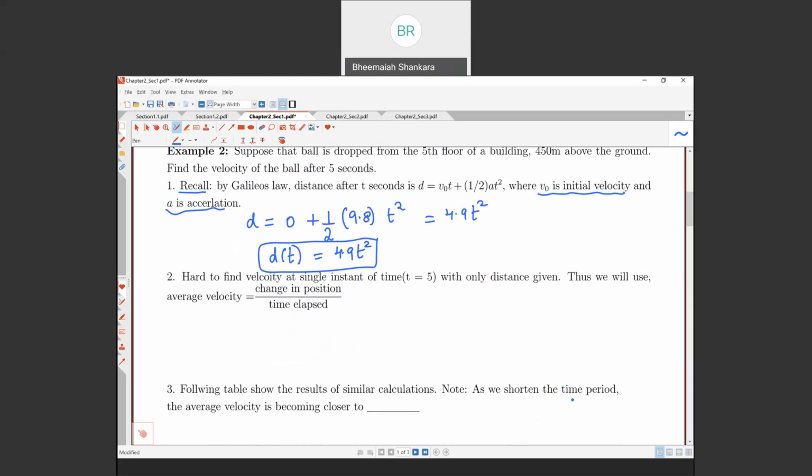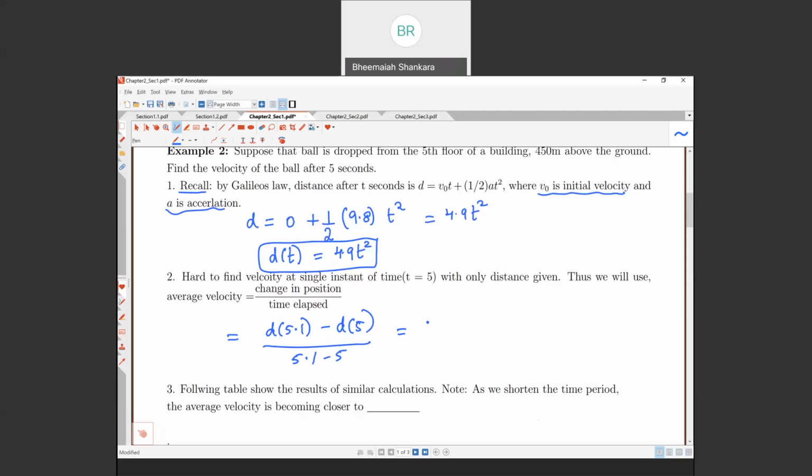Next, it's hard to find the velocity at a single instant of time t equal to 5. With only the distance given, we will use the average velocity formula, change in the position divided by the time elapsed. So it's distance at 5.1 minus the distance at 5 divided by 5.1 minus 5.